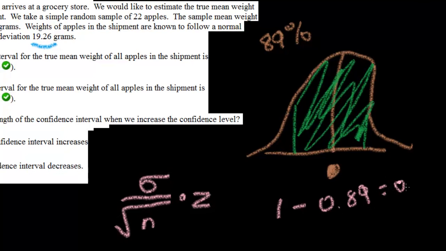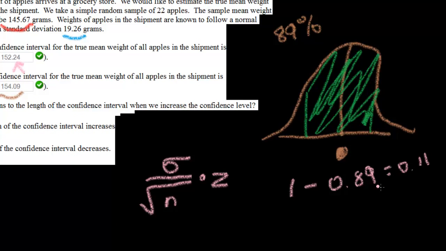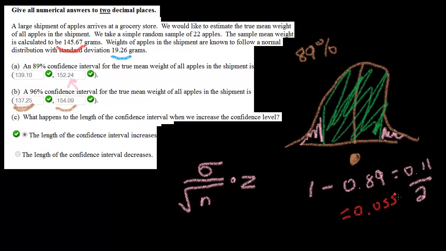That gives you 0.11. 0.11 is going to represent both areas in the tail. But as you know, we are only interested in one of the areas of the tail. So all we need to do is divide this by 2. Doing that will give you a value of 0.055. This represents the proportion that is inside one of the tails. This tail right here, let's say.